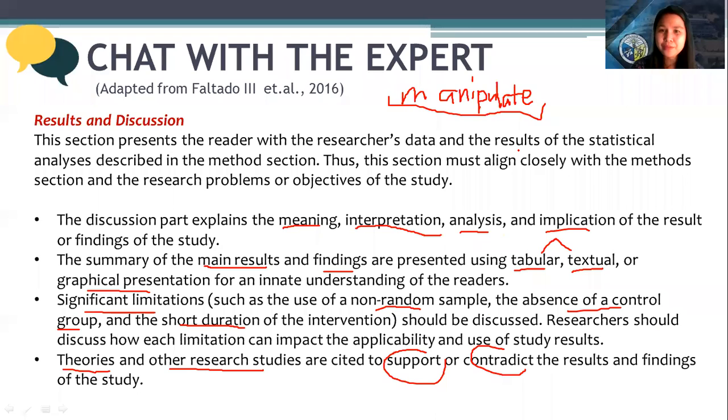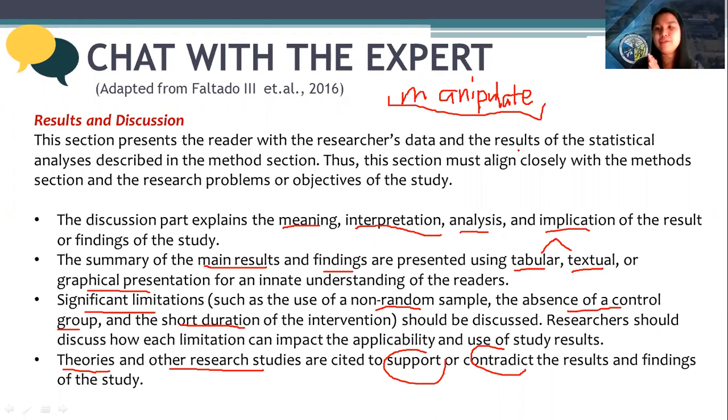Do not worry about that. Never manipulate your data results just to align it with somebody. Whatever the results are, that's it. You report it, and we can support or contradict it with other results.